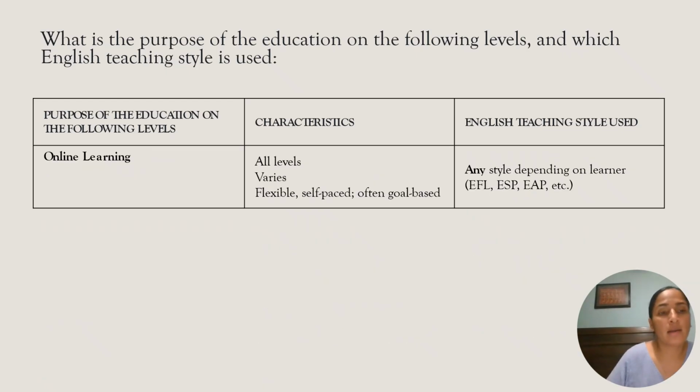We have online learning, at all levels, with flexible, self-paced, often goal-based characteristics, and the English teaching style used is any style depending on the learning: English as a foreign language, English for specific purposes, English for academic purposes.